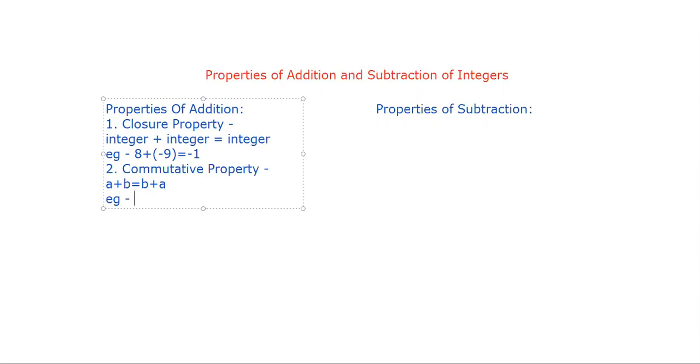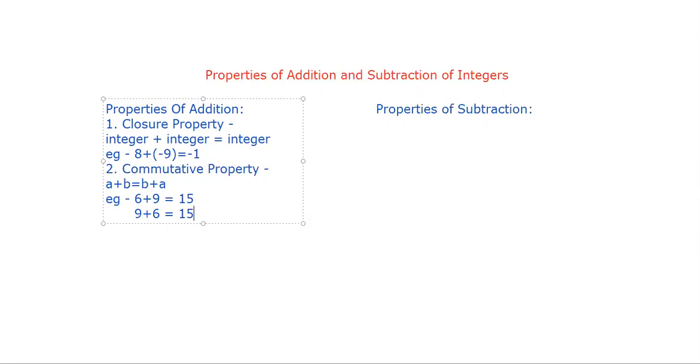For example, I have to do 6 plus 9. We know that the sum which will come is 15. But if I write 9 plus 6, the sum is 15. So we can see that whatever the order of the two integers is, the sum will always be equal.